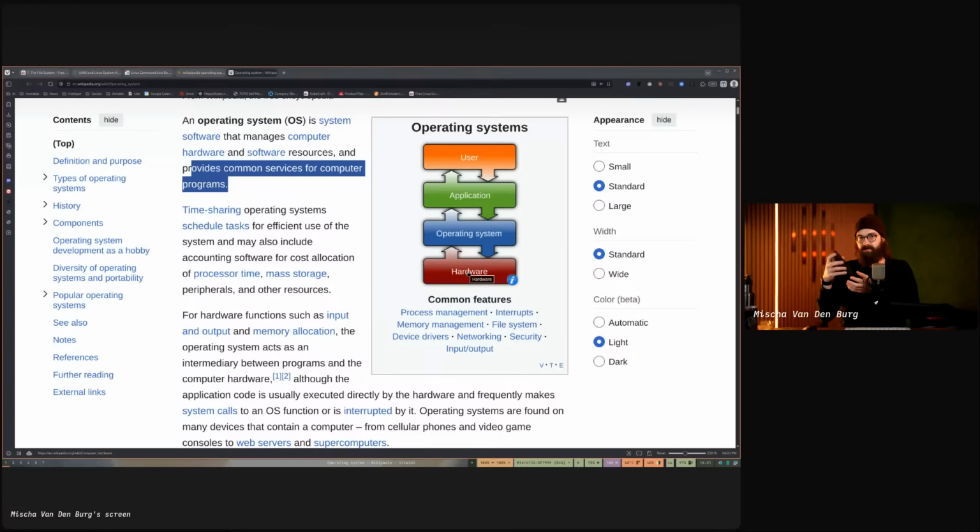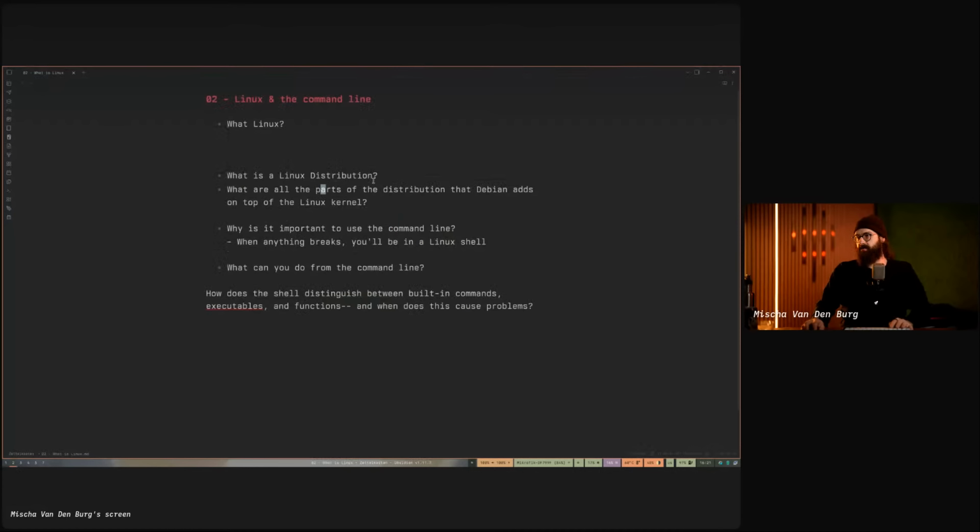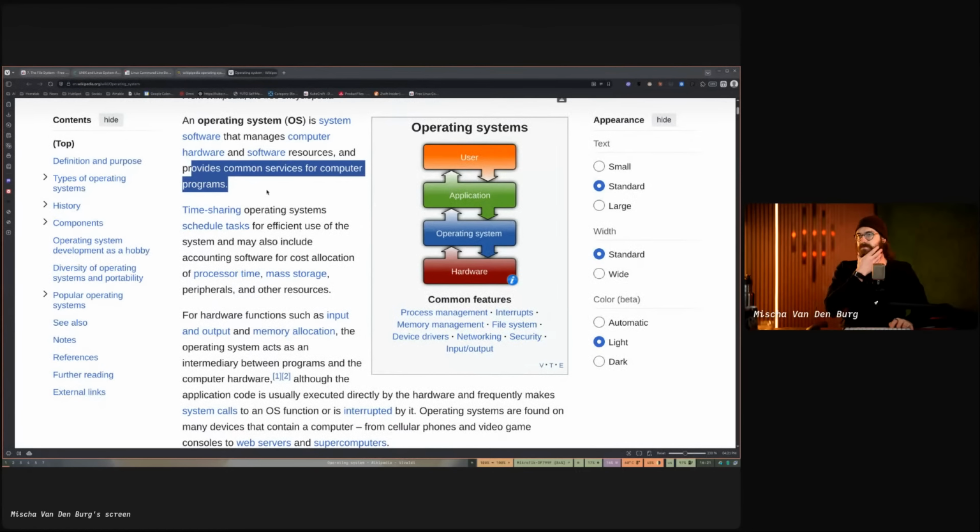So it's hardware, and there's a processor in there, there's memory in there, there are many other things in there, and there needs to be some sort of puppet master that actually manages this, which is a layer between the user and the physical hardware. Okay, and that layer is the operating system. So the user runs an application on the operating system and hardware. And actually, that's what we're going to get into maybe in a second when we talk about the kernel and why that is important too.